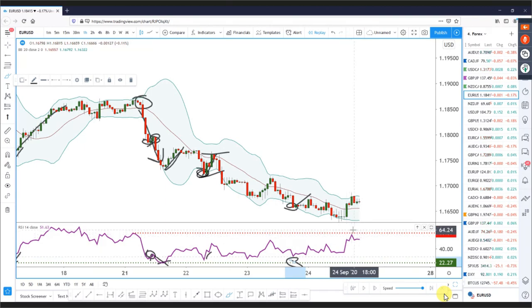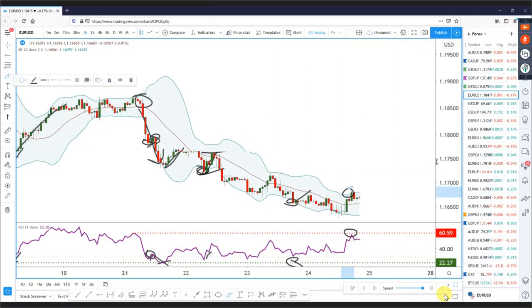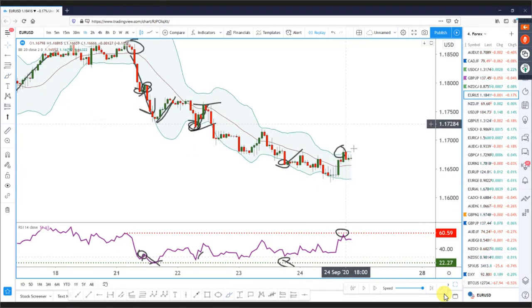Okay, so here we have a tap on the resistance and market sort of broke out. But overall, the Bollinger Band are coming close to the price already. So even if you were to enter a short here, your TP might just be over here.